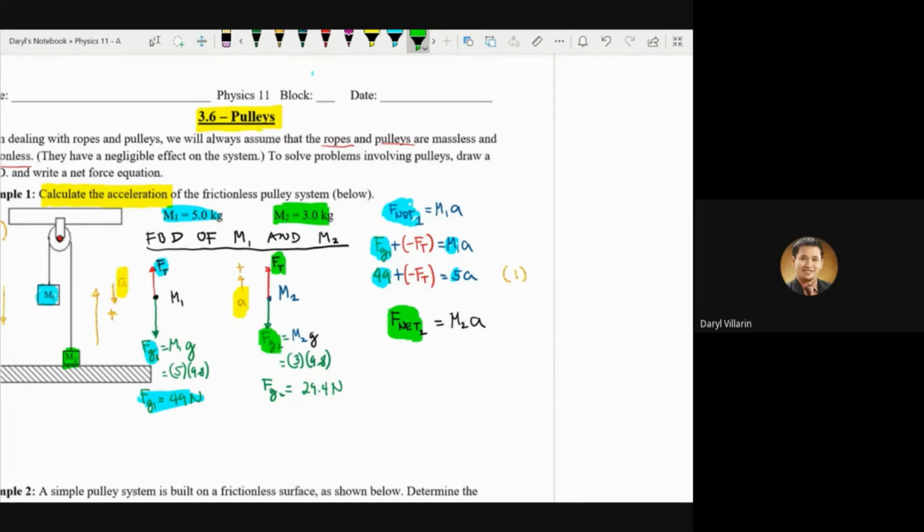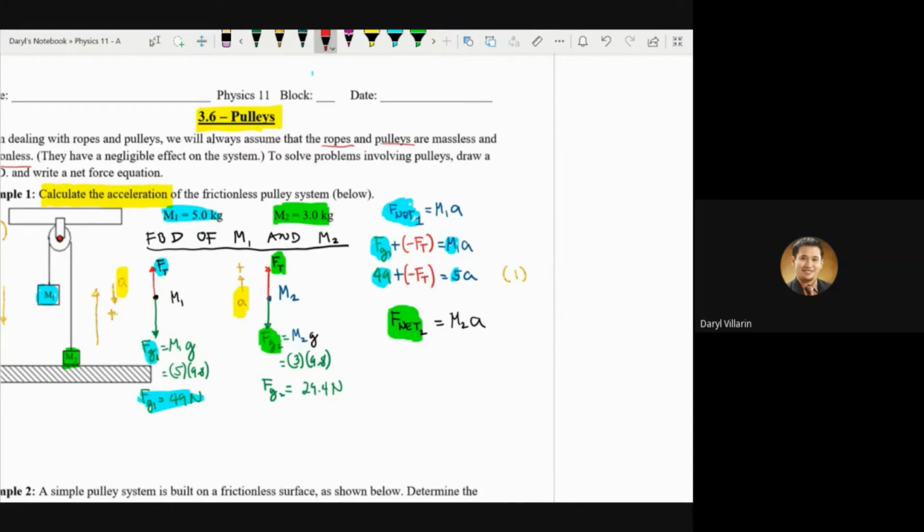And remember, in this particular case, this is another object. So therefore, I can change my coordinate for my reference. Again, it's much easier if you set the direction of your acceleration as the positive value. So that means that this time, for my second object, upward direction is positive.